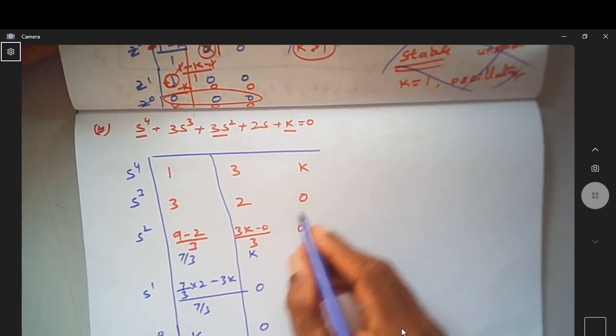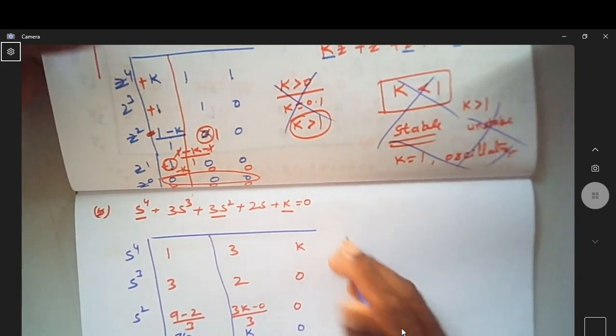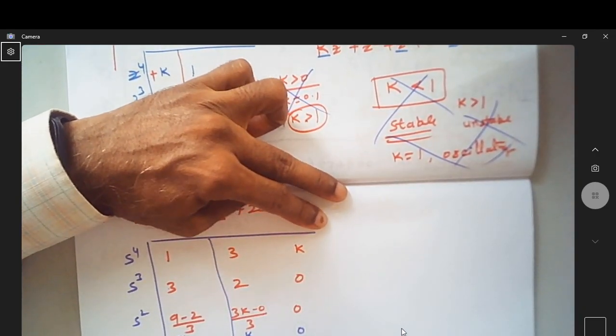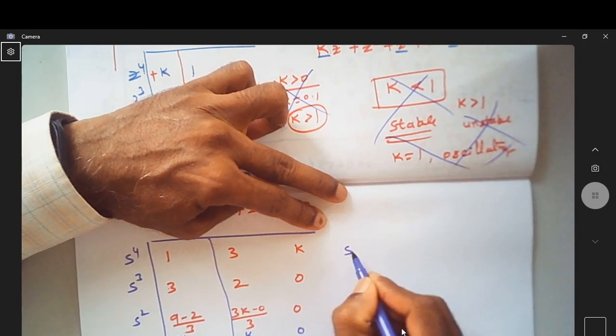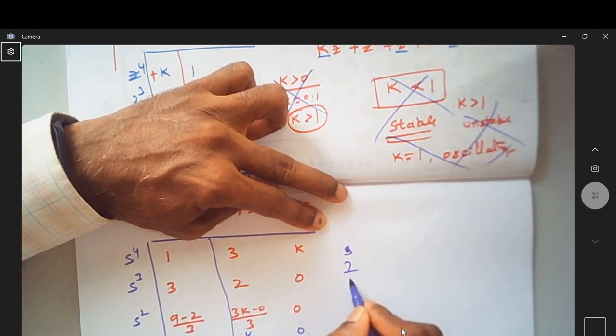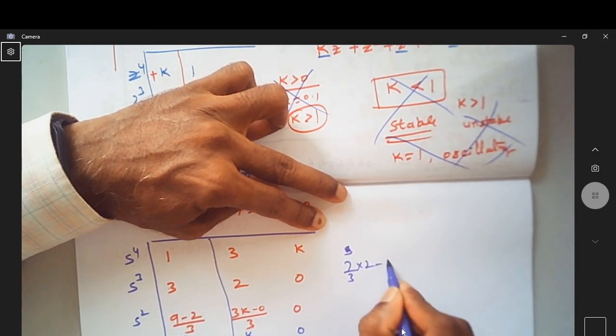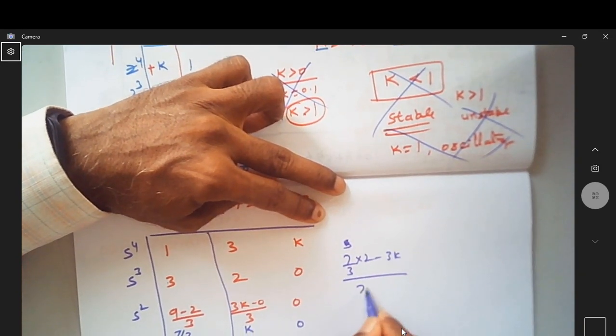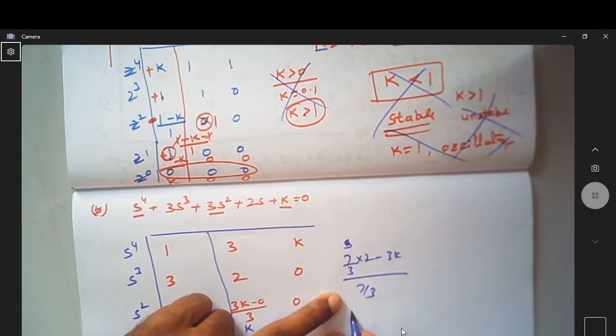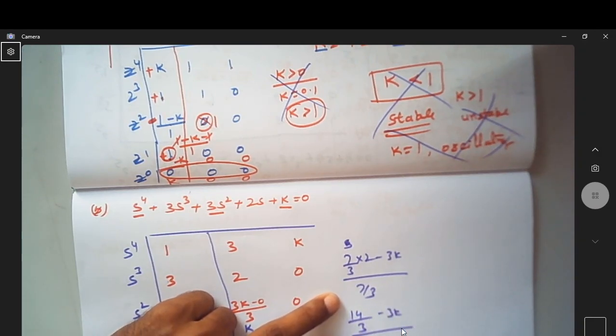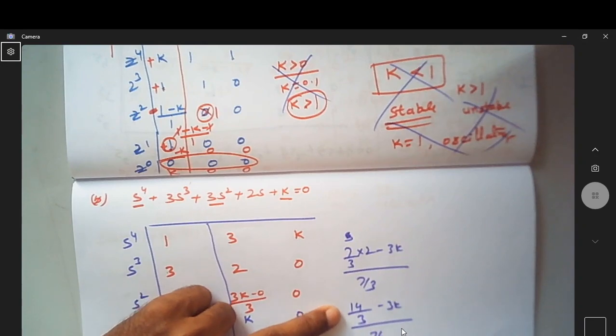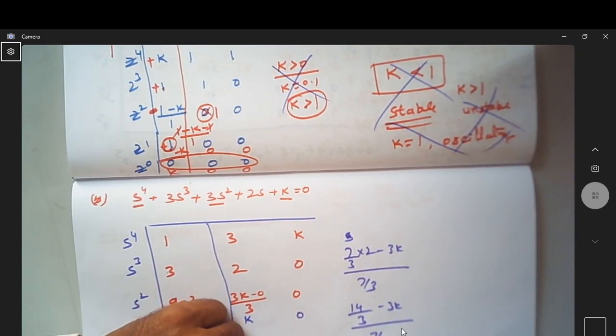Now if you look at this term, shall we take it as 7 by 3 into 2 minus 3k by 7 by 3? Shall I write it as 14 by 3 minus 3k by 7 by 3?